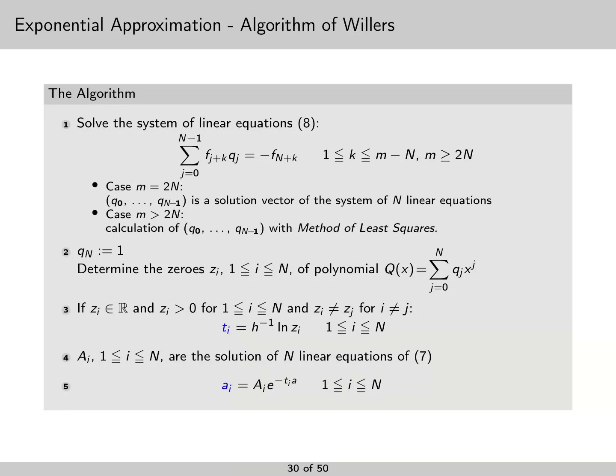Otherwise, the algorithm terminates with failure. Equations 7 with the zeros plugged in form a system of linear equations. The solution of this system are the capital A_i's, which finally gives us the wanted coefficients a_i.